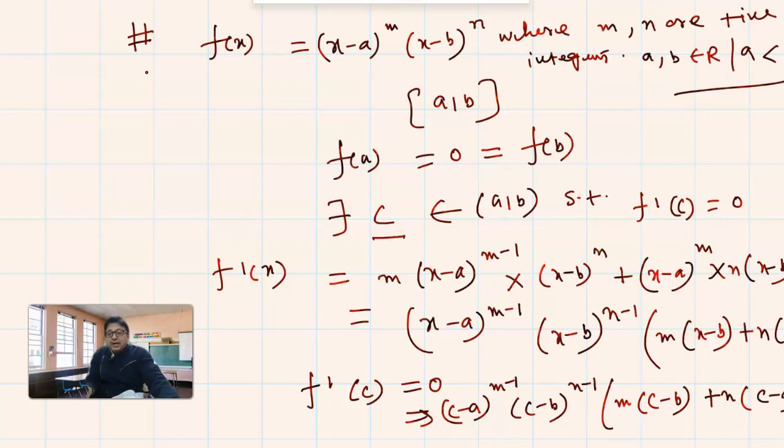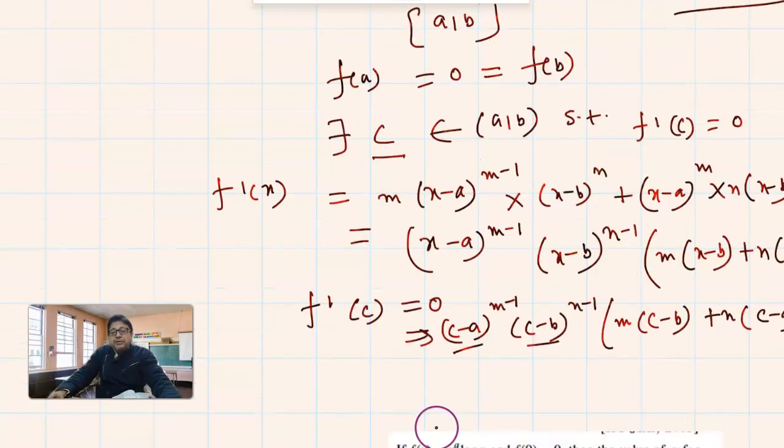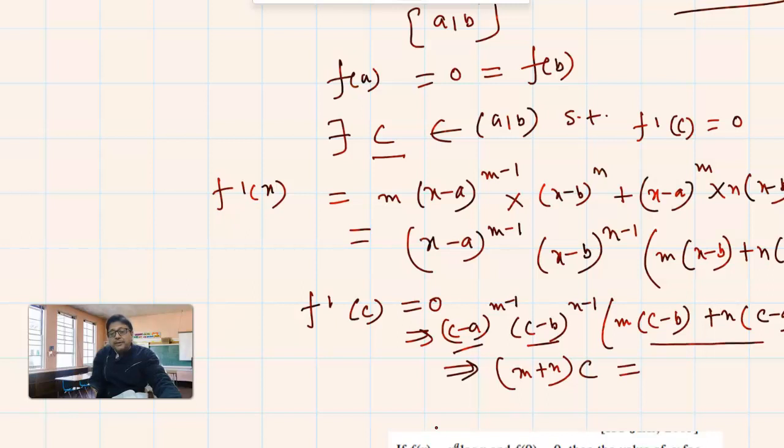Now c is not equal to the extreme values, so the first factor is not equal to 0, and this second is also not equal to 0. So you just transfer them to the right side, since 0 by something will be 0. So (m plus n) into c is going to be equal to mb plus na, comparing only this factor with 0.